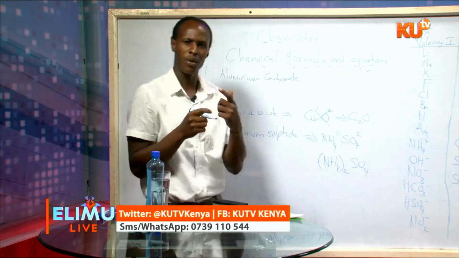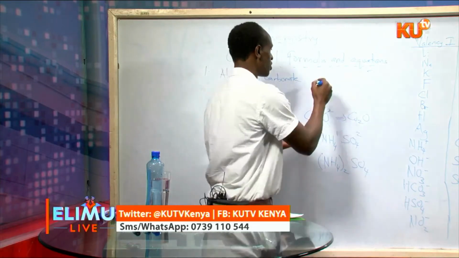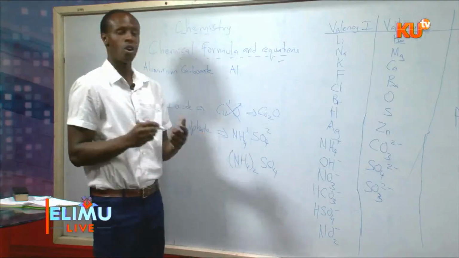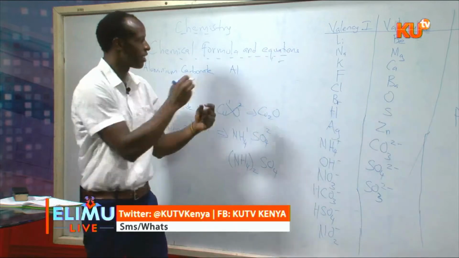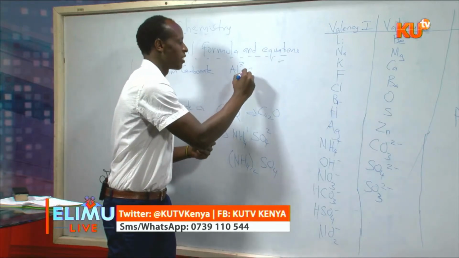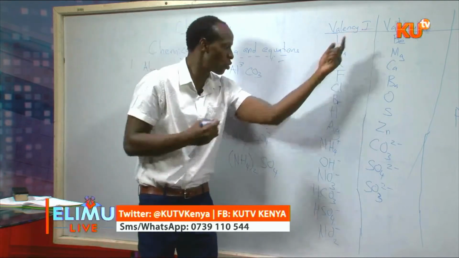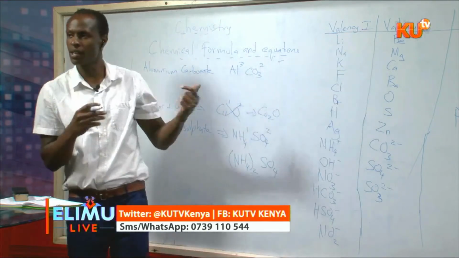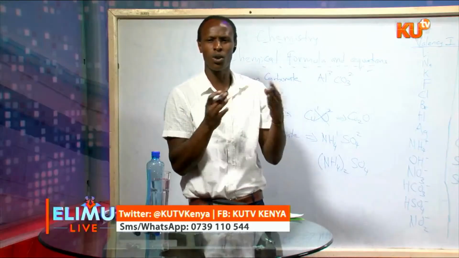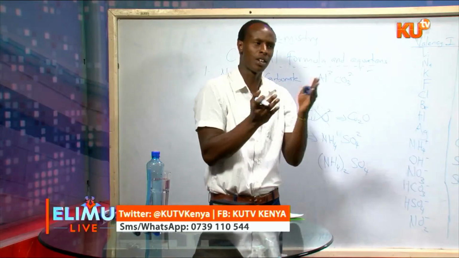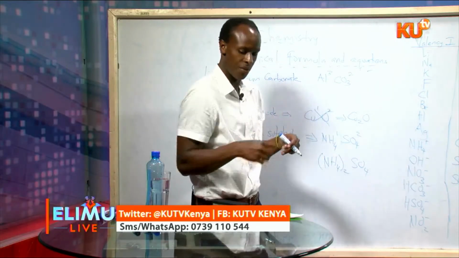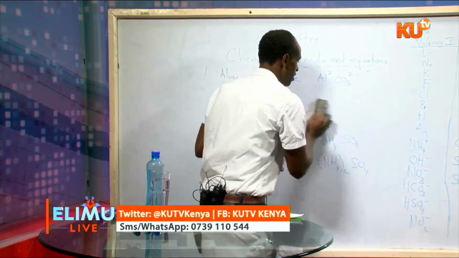So aluminium is Al. What is the valency? Valency 3. Carbonate is CO3. What is the valency? Valency 2. Second step, 3 and 2 cannot be simplified. There's no number which can divide both 3 and 2. So here we just interchange the valencies because it cannot be simplified.